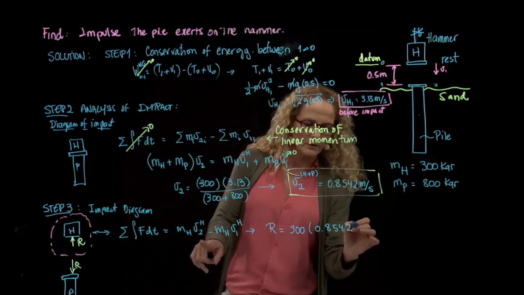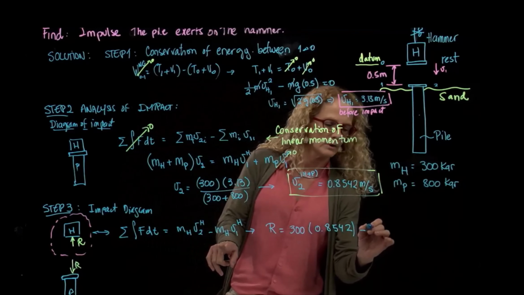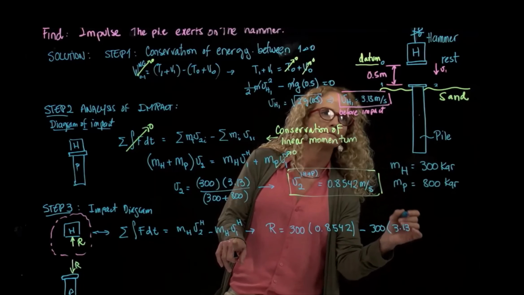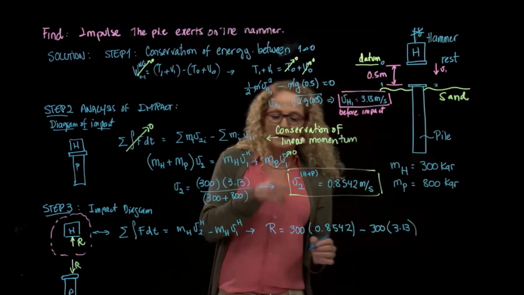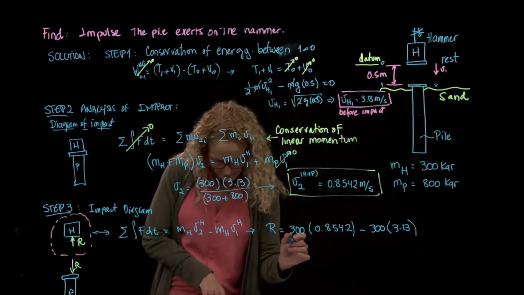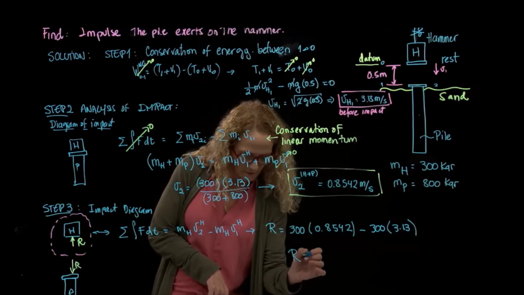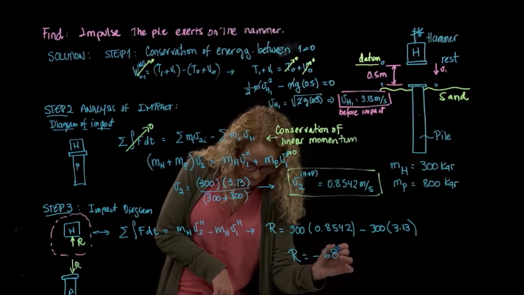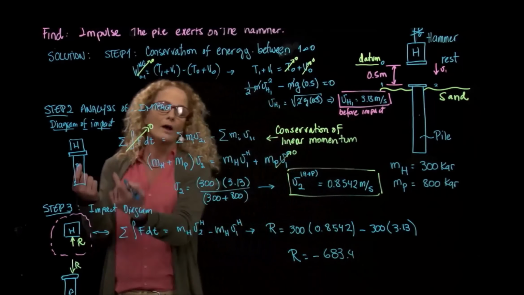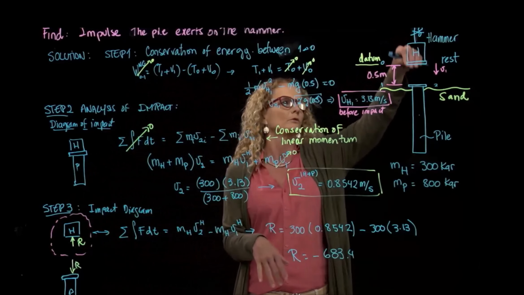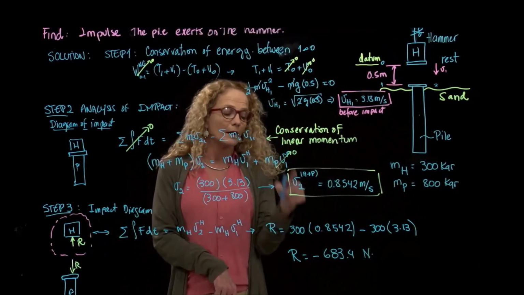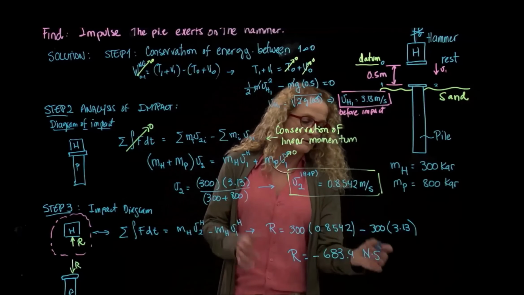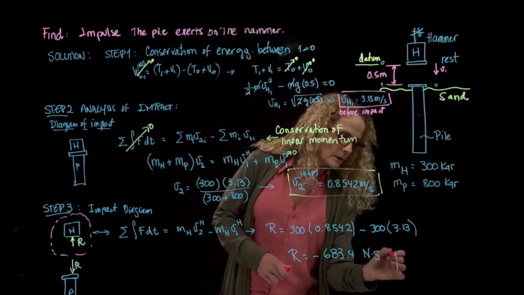So this is velocity 2 minus 300 times the first velocity, which was 3.3 meters per second. Therefore, our R is equal to negative 683.4. What it means is that it goes up because I named my velocities positive to go down. So the units are newton-seconds, because this is an impulse. And that negative means that it goes up, as I drew it right here.